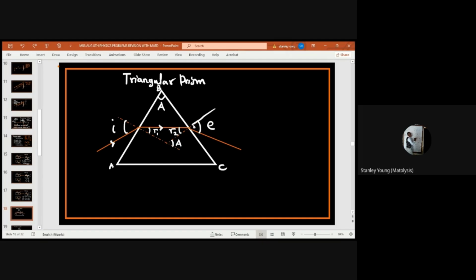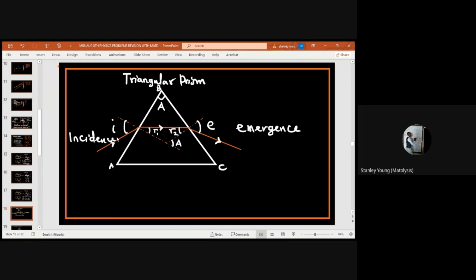So we have this to be the normal. Then we eventually have a new refraction. This ray here is usually referred to as the emergence. So this is emergence, and this is referred to as the incidence.